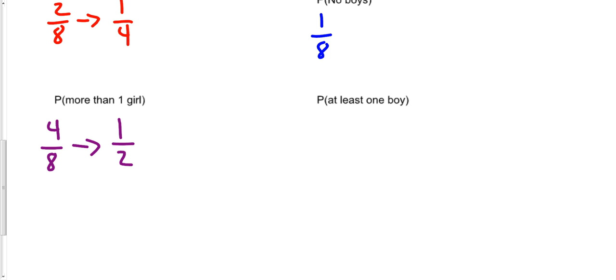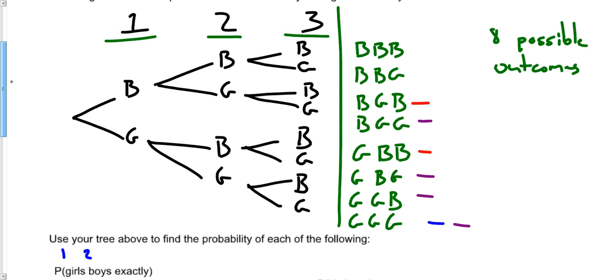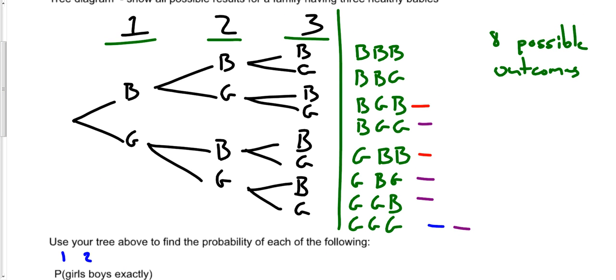Okay, and similarly, what's the probability of getting at least one boy? Well, here we have at least one boy, and here we have at least one boy, and here we have at least one boy, and here we have at least one boy. Same thing here, same thing here, same thing here.